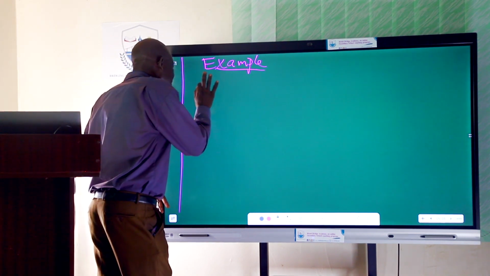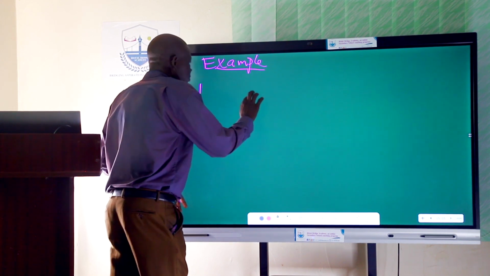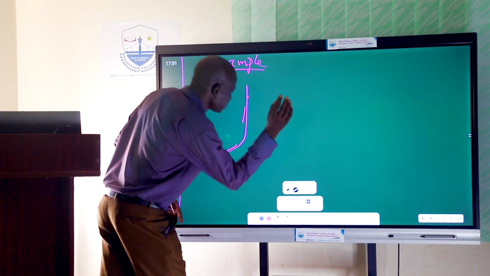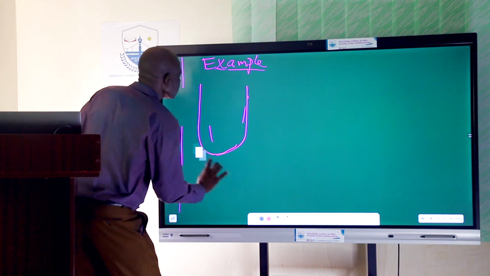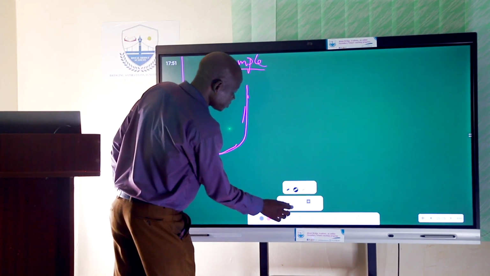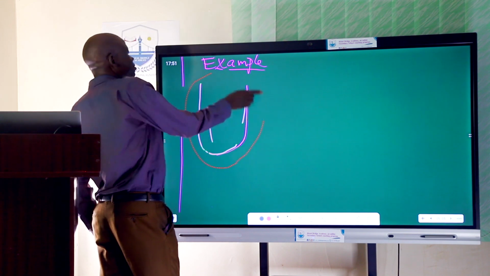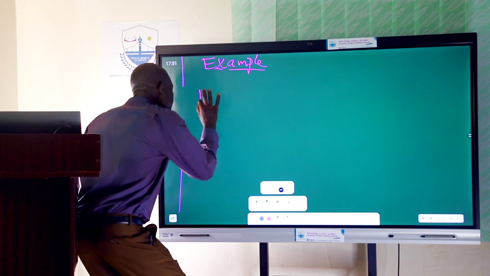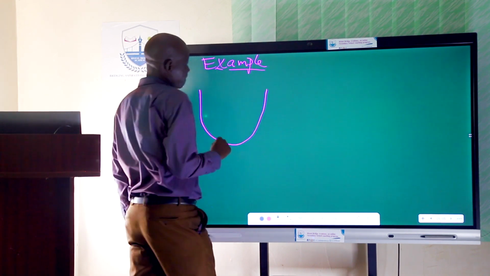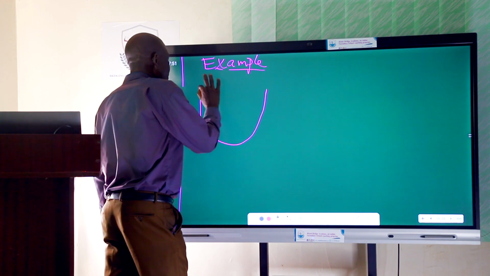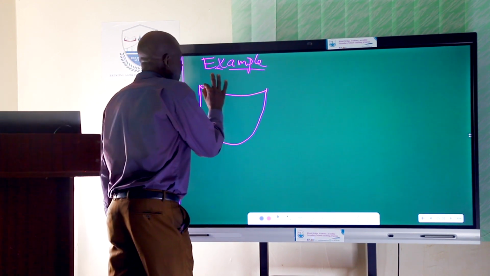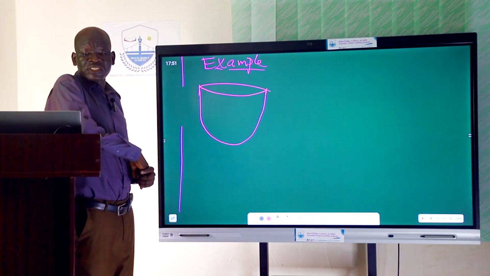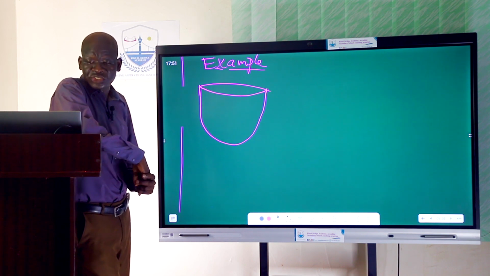Assuming that this is our basket, this basket consists of some tickets.